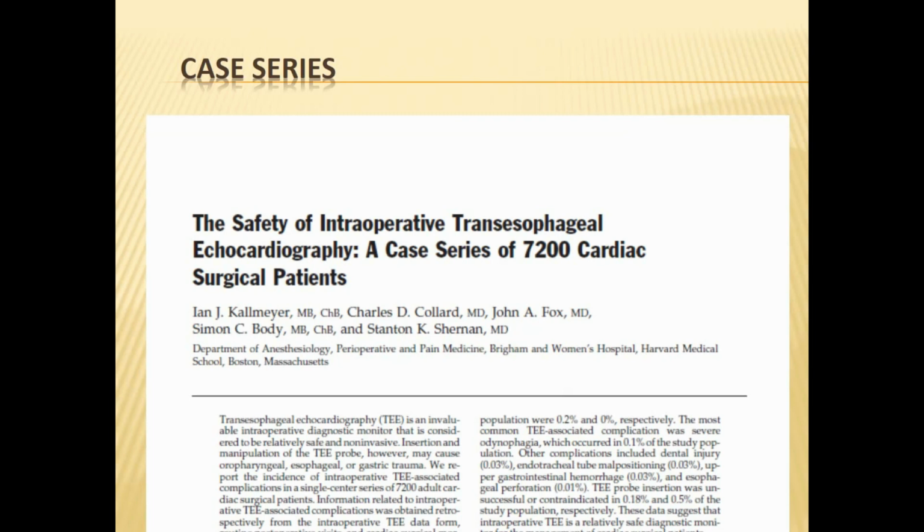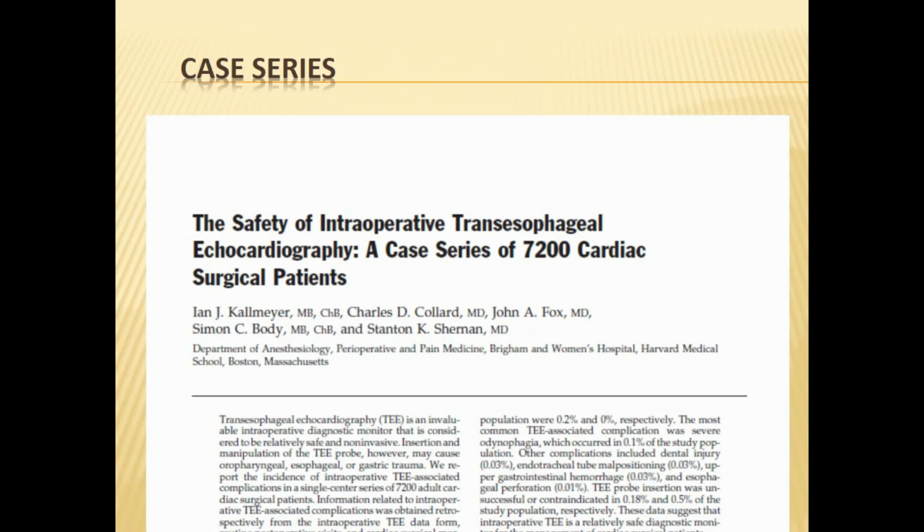But often case series are broader than that. They take quite a broad look at a particular thing. Like the RSI example, it wasn't focused just on intubation success or side effects. It was focused very broadly on general things about students doing pre-hospital RSI.